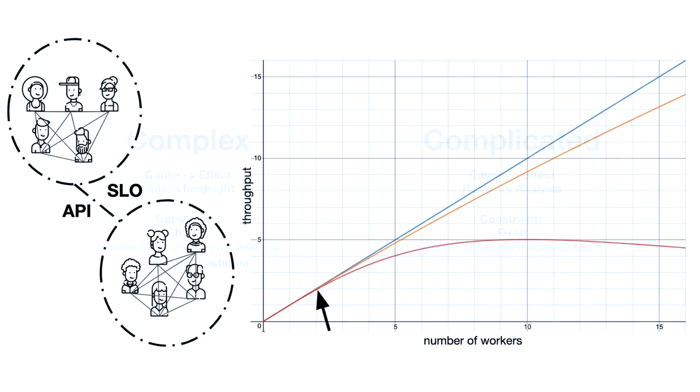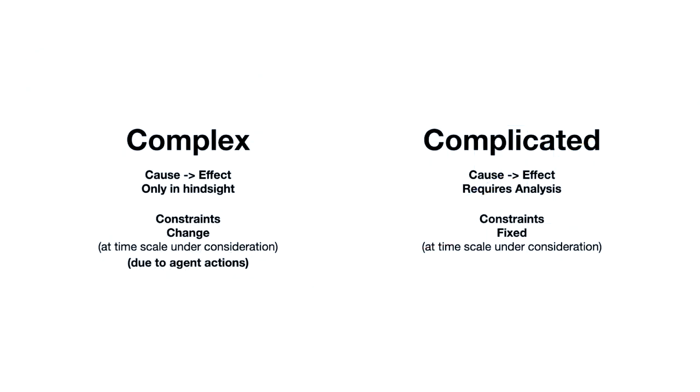But wait, there's more. Text: Complex, cause with arrow pointing to effect, only in hindsight, constraints change at time scale under consideration, due to agent actions. Complicated, cause with arrow pointing to effect, requires analysis, constraints fixed at time scale under consideration. So recall this complex versus complicated framing.